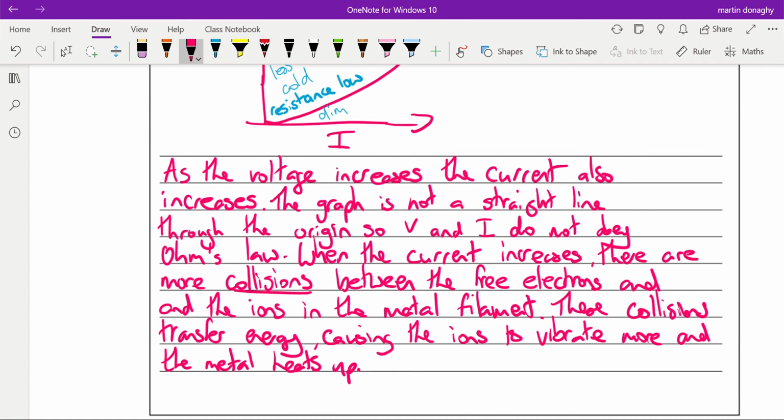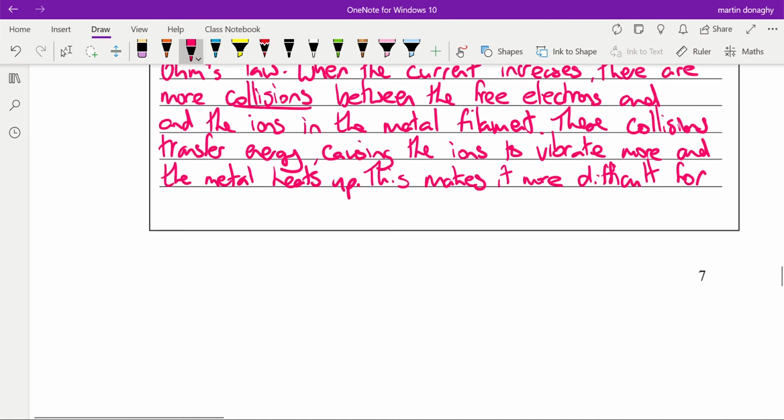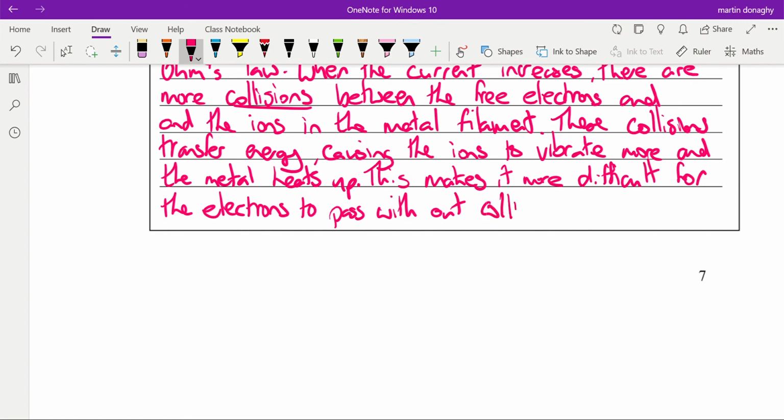The fact that they're vibrating more makes it more difficult for the electrons to pass by without colliding, which increases the resistance.